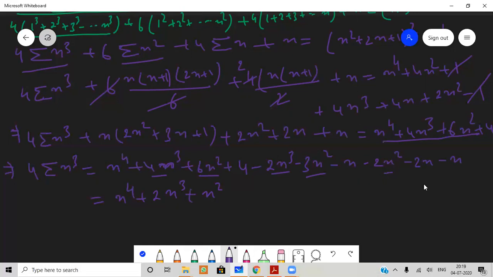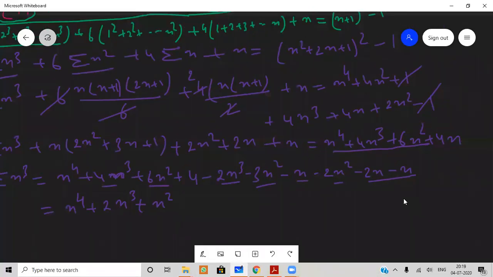Plus n square is left. How many n? Minus 3n. Do you have any other term of n here? Minus 4n. And 4n was here.